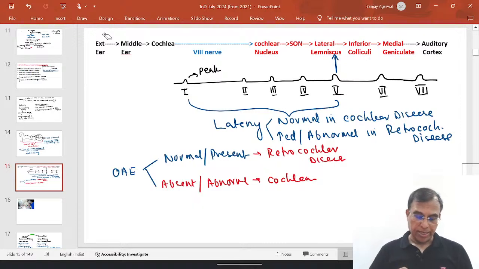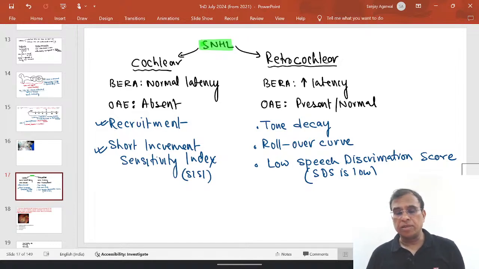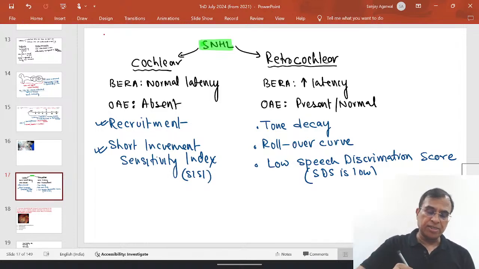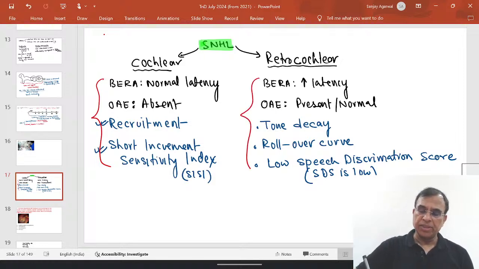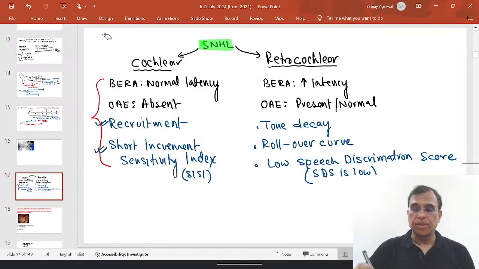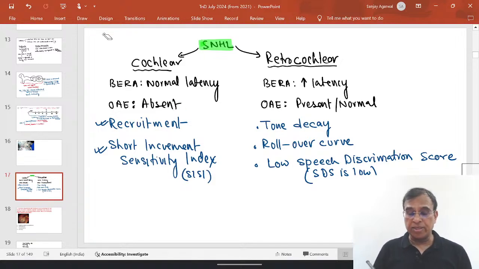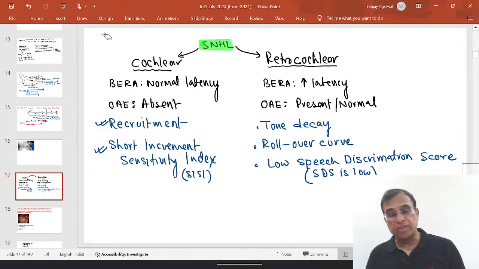Right. Now, this is the chart telling you the investigations or findings of cochlear disease and of retrocochlear disease. In a cochlear disease, BERA is normal, OAE is absent, and there are other things like recruitment, and a short increment sensitivity index will also be a feature of cochlear disease.